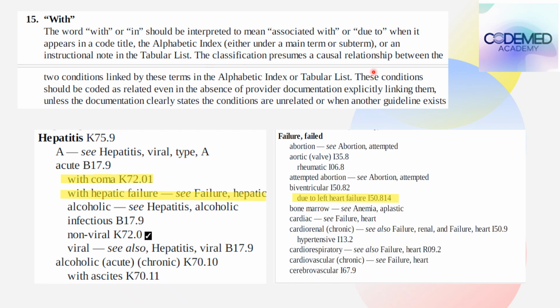The classification presumes a causal relationship between the two conditions linked by these terms in the alphabetical index or the tabular list. So for example, hepatitis acute with coma, hepatitis acute with hepatic failure. So this is how we interpret with, and you will see due to also. So here in this example you will see the phrase due to or in.